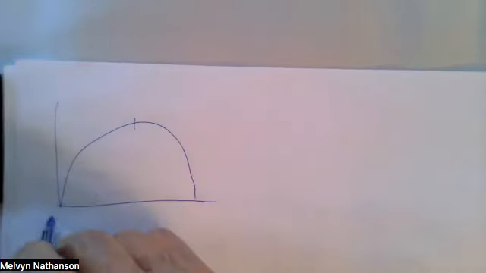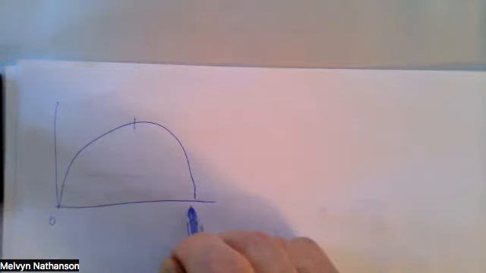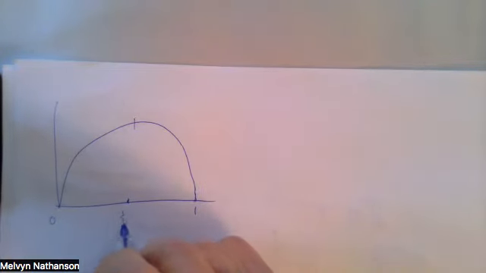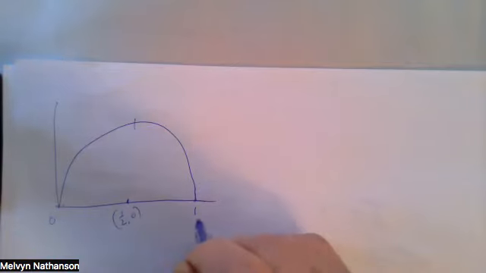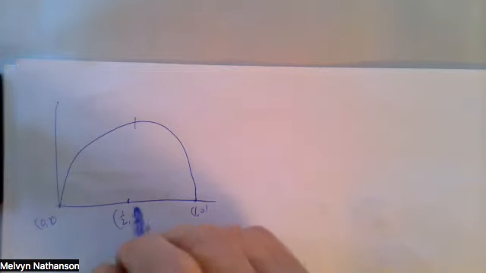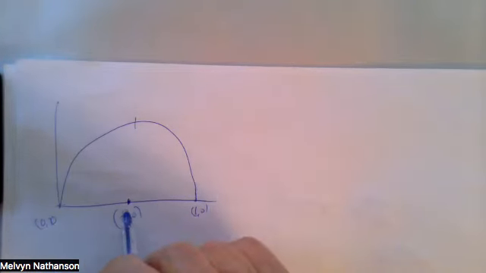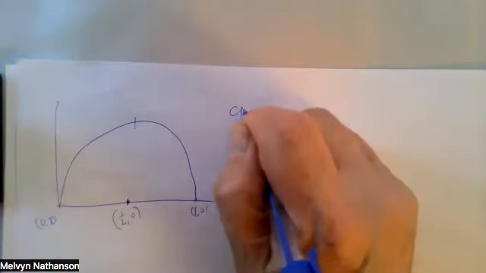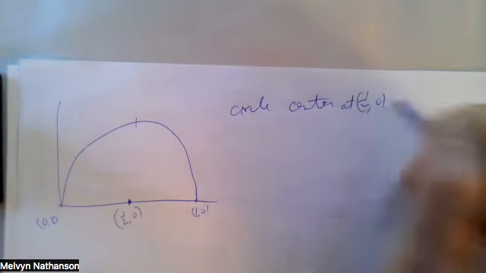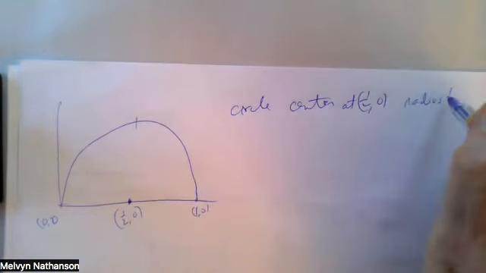So draw a semicircle in the first quadrant whose diameter is 1. So the center is right here at a half comma 0. This is 1 comma 0. This is 0, 0. So this is a circle in the first quadrant, center at a half comma 0, with radius a half.